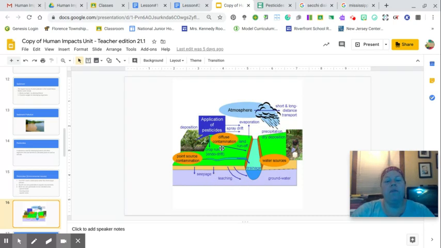But over time, and this is why pesticides are a problem, this type of diffuse spraying and this going into the waterway, we could kind of clean that up. But once it seeps into the ground, what are we going to do? Are you going to dig up all the ground and take it all out?